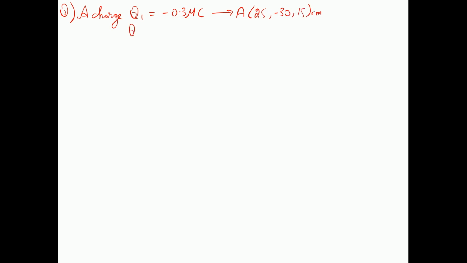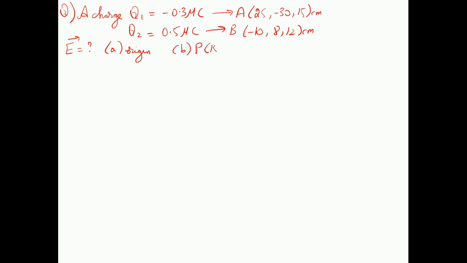Then we have another charge q2 having a value of 0.5 microcoulomb, and it is located at point B having a value of minus 10, 8 and 12 centimeter. We have been asked to find the electric field intensity at the origin and at point P, that is 15, 20 and 15 centimeter.